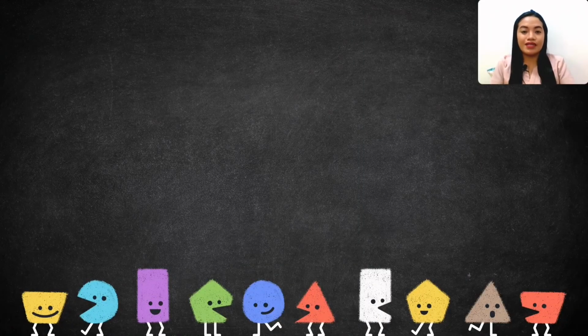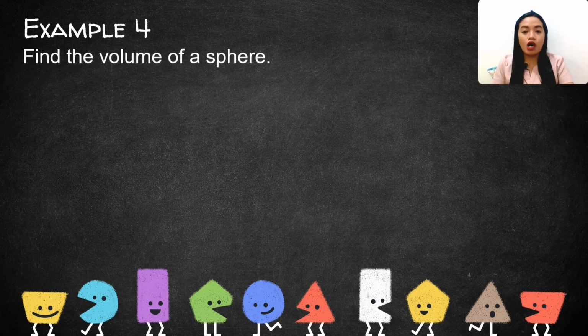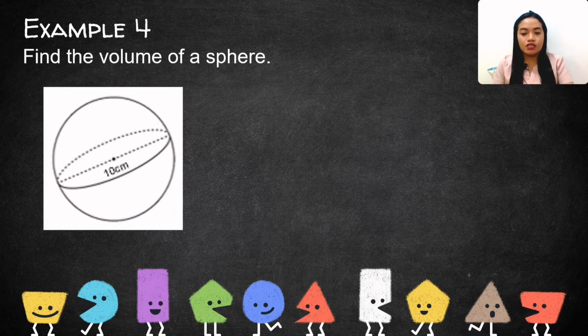Okay, and for our example number 4, probably it will be the last example. Find the volume of a sphere. So our given figure has 10 centimeter in diameter. So don't forget that we only need the radius. And the half of 10 is 5.